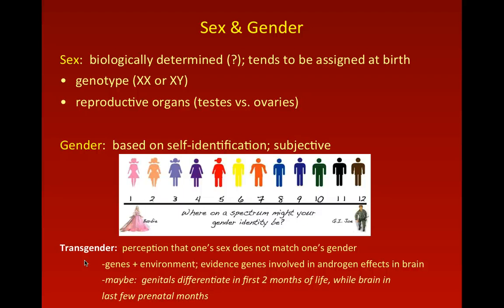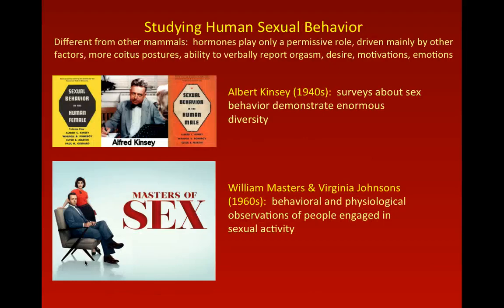And so it could be that you get this mismatch between what the body's sex appears to be and how an individual identifies their gender. Again, this is a very cursory view and definition of these terms. But we are limited in this course to talking about it from this biological perspective right now because there's just not a lot known.